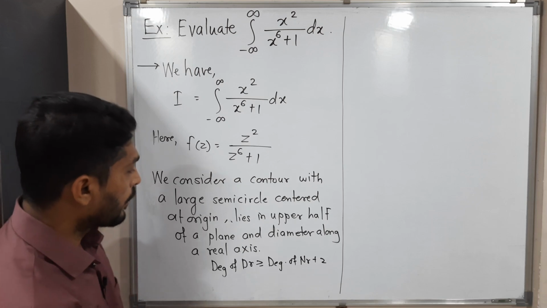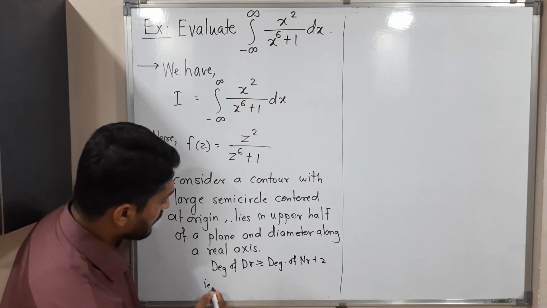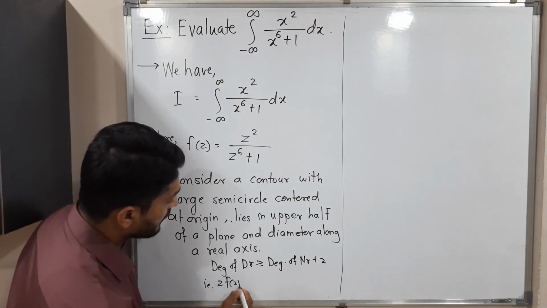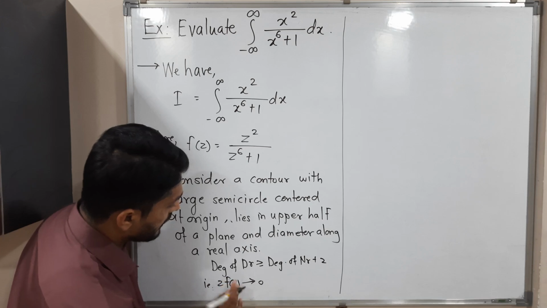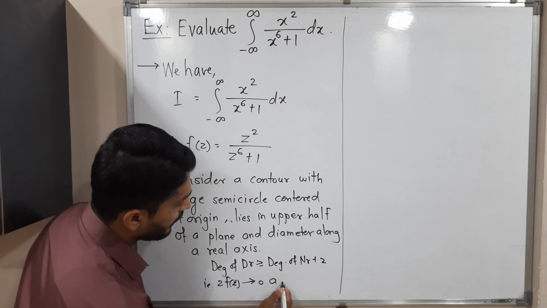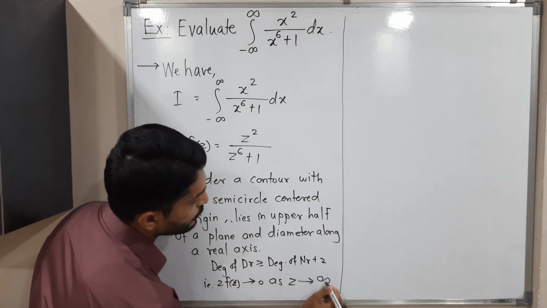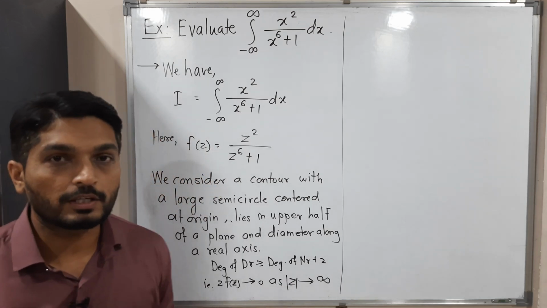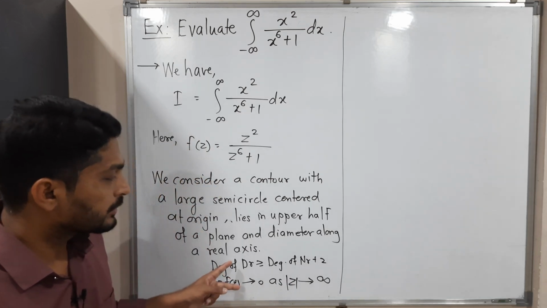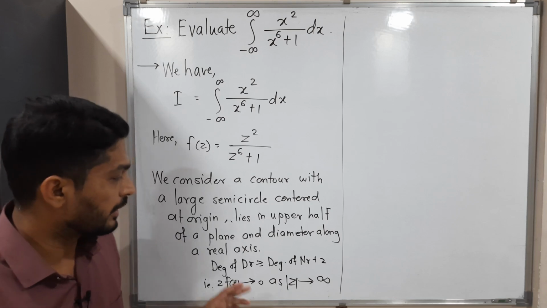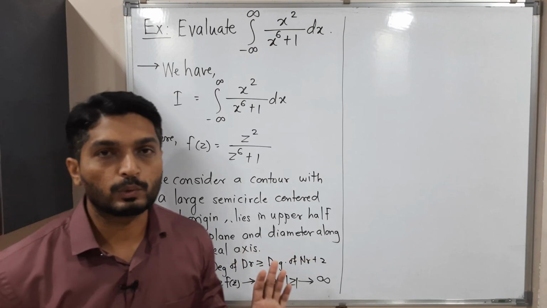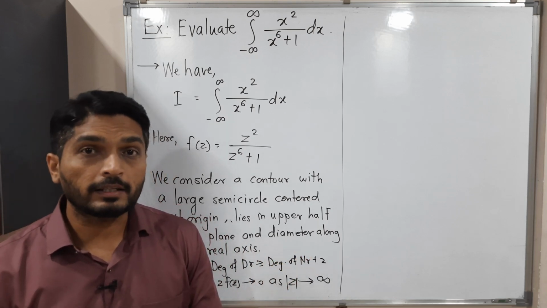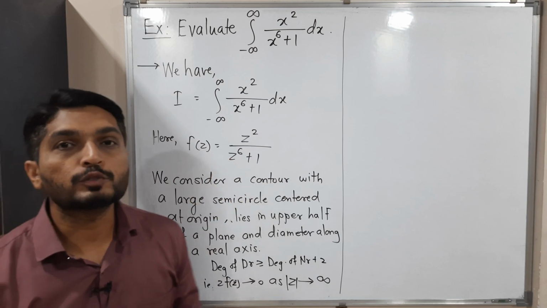Getting? Or the same thing we can write in this way: z f of z tends to 0 as z tends to infinity, that is, mod z tends to infinity. See, both statements have the same meaning. If you understood this one, you can write this one only. Okay, after that I will find the singular points of this function.